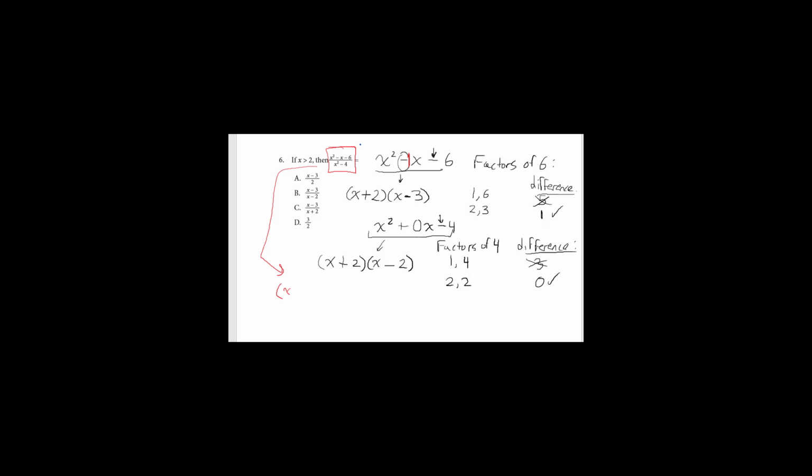The numerator factors as x plus 2, x minus 3, over the denominator factors as x plus 2, x minus 2, and we have a common factor of x plus 2 in the top and the bottom, so that cancels out. So we're left with x minus 3 over x minus 2, making B our answer.